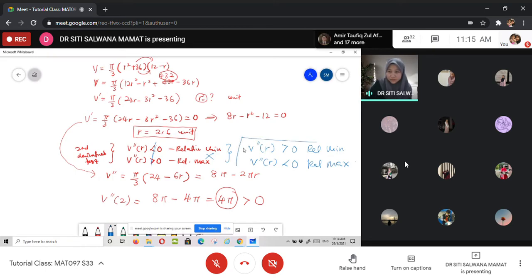Okay, remember this. So here you get greater than 0, which means it will give minimum volume.